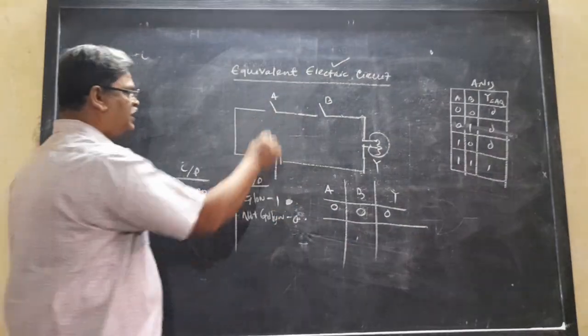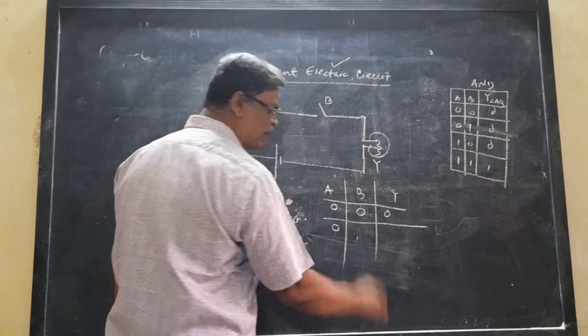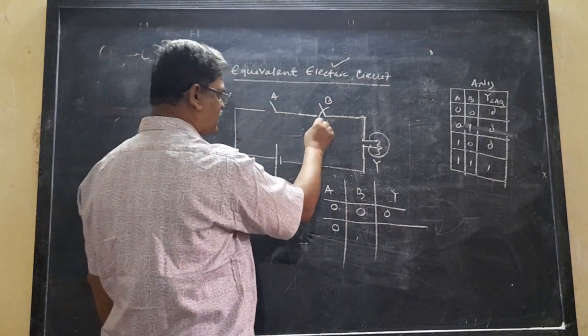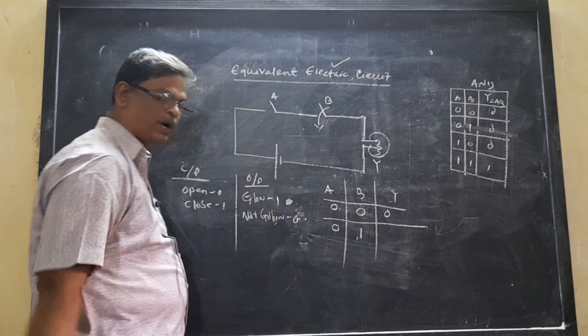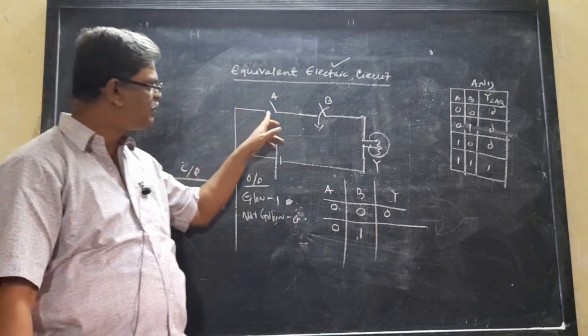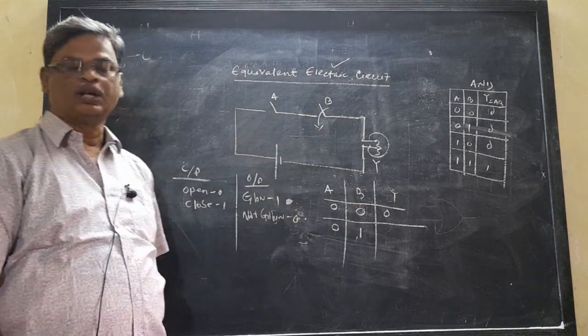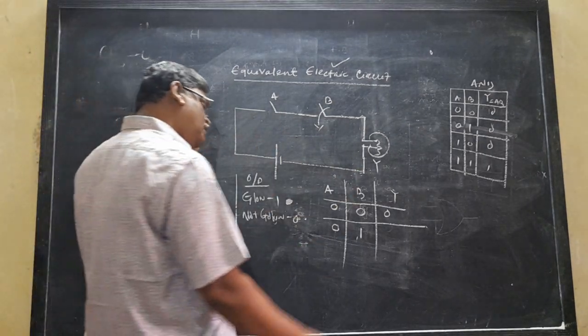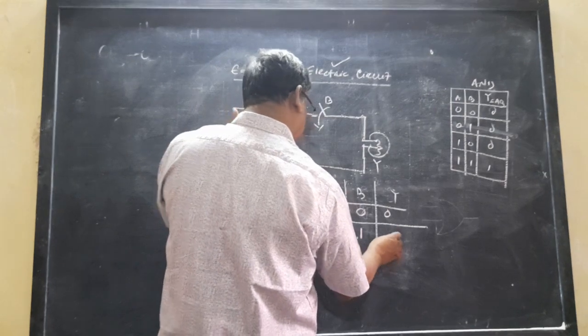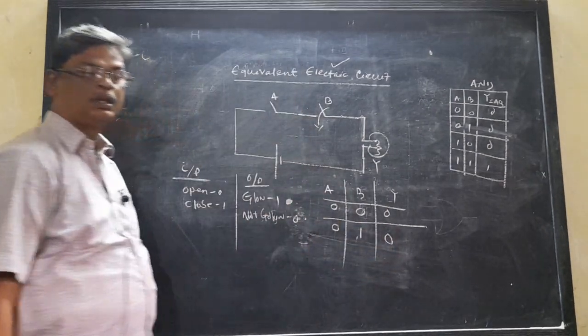Second, if A is open and B is closed, then what happens? The circuit breaks. It is not a closed path, so there is no current through the bulb, so the bulb will not glow, 0. Clear?